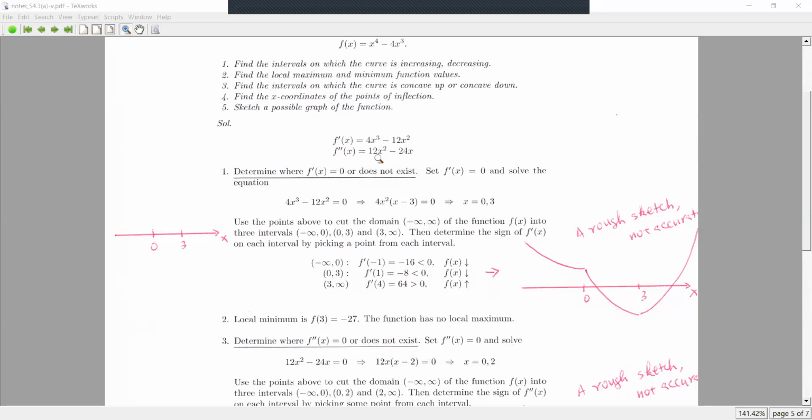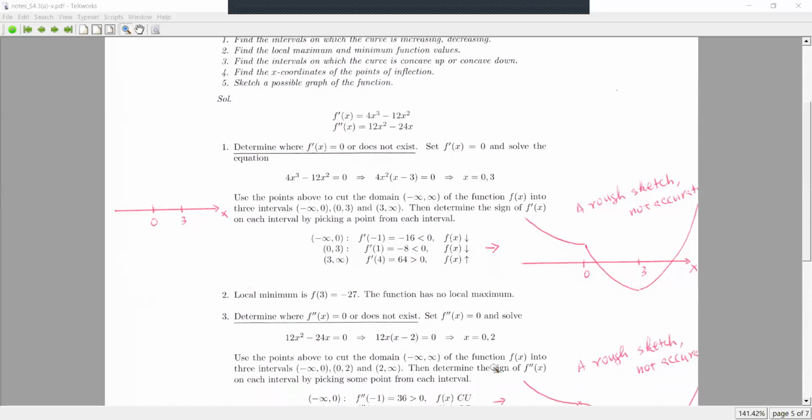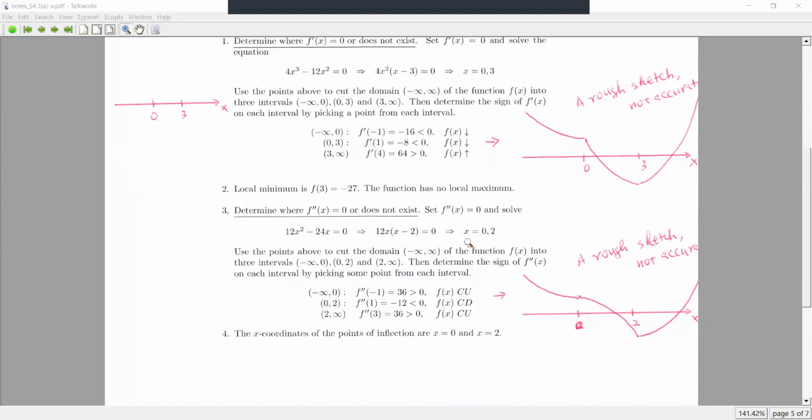Left hand side is the second derivative. Now factorization. From here we can see that when x is 0 or x is 2, the second derivative is 0. Now I use these 2 points to cut the domain.